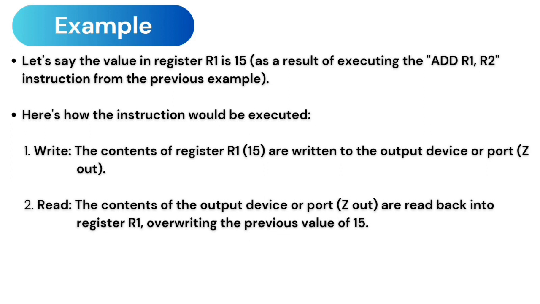First, write the contents of register R1, 50, to the output device or port Z out. Then read the contents of the output device or port Z out back into register R1, overwriting the previous value of 50.